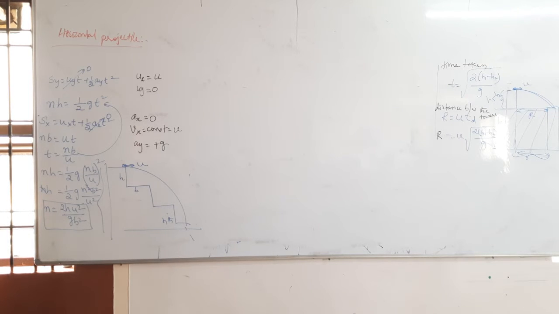then in that first question, what is the path of the bomb as seen by the pilot?